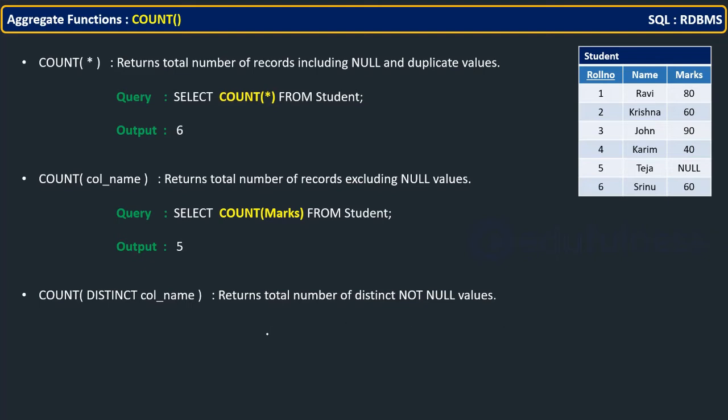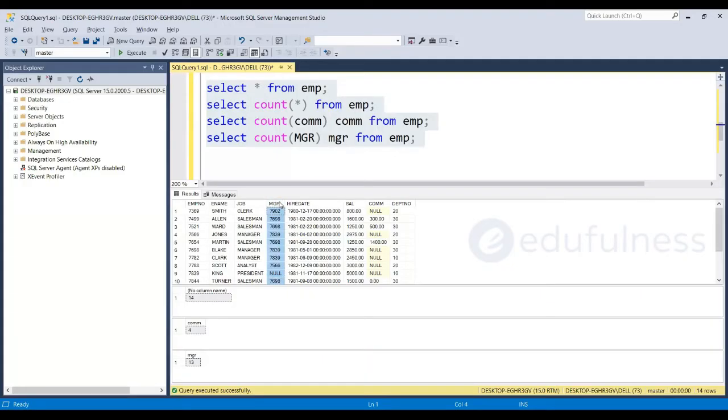I will write down the statement here: total number of managers. Total how many managers are there? I need that. Manager means the MGR column in the original table. See, this is the column. We want the total number of managers. How will you do that using count? Try to write down the query.